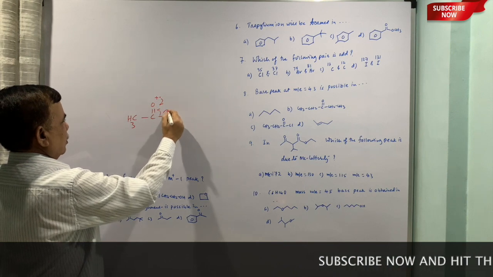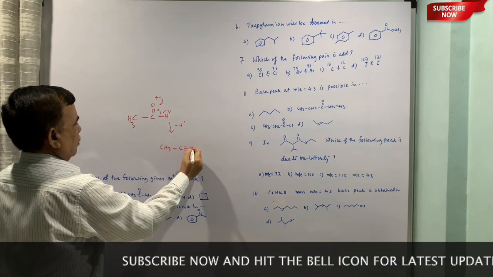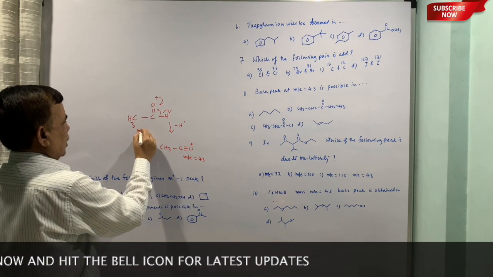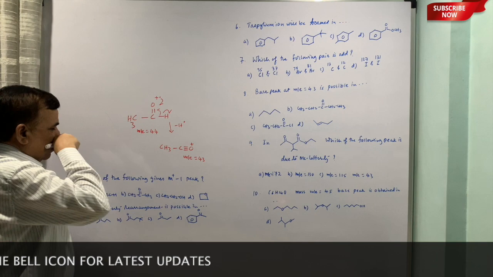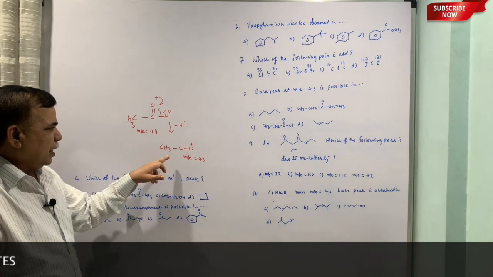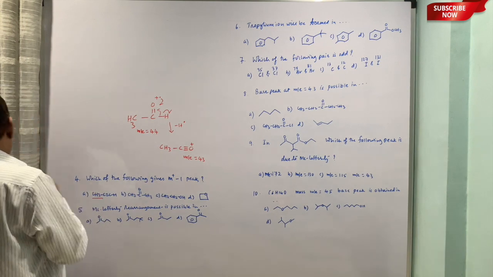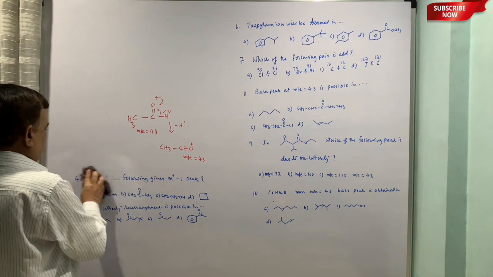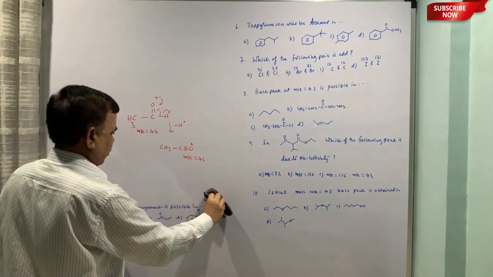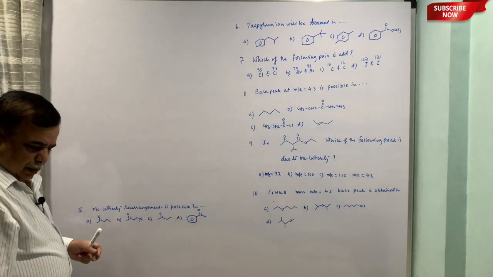This can lose a proton, mass to charge is 44. So loss of proton or M plus minus 1 peak is possible in either terminal alkynes or aldehydes. So you have to remember that, and in objective questions this kind of small queries will be asked and you are supposed to answer them correctly.